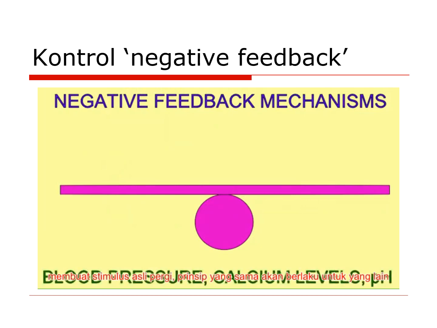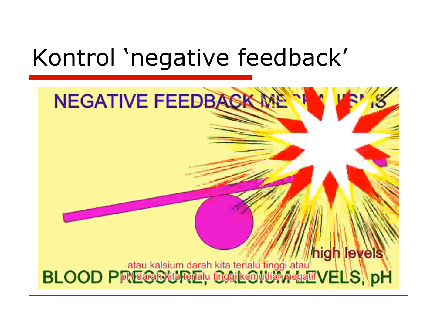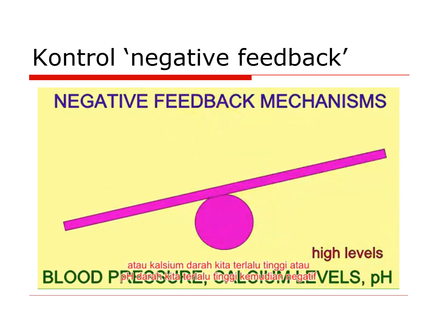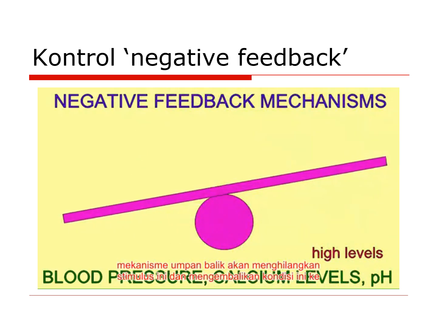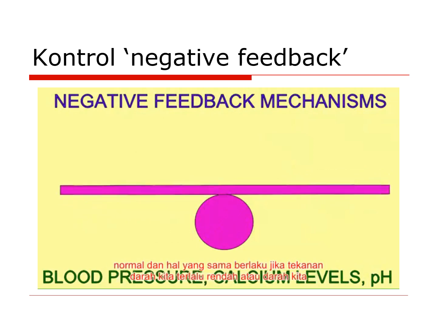The same principle would apply to other aspects of our physiology as well. So if our blood pressure were too high, or our blood calcium too high, or our blood's pH too high, then negative feedback mechanisms would eliminate this stimulus and return these conditions to normal.